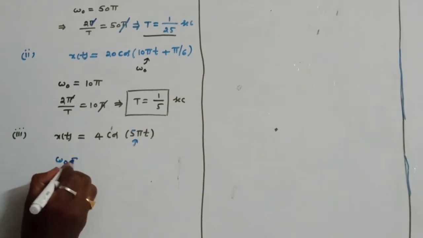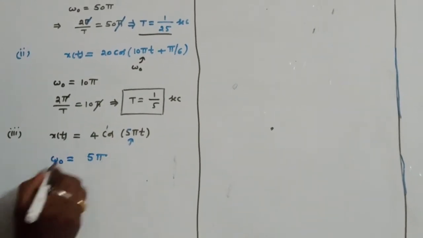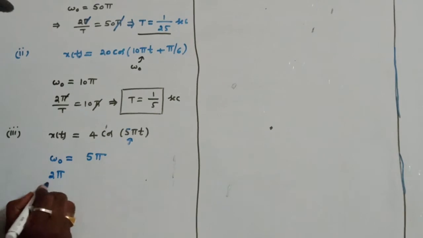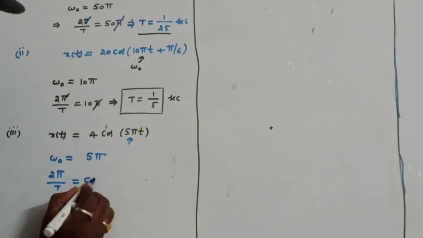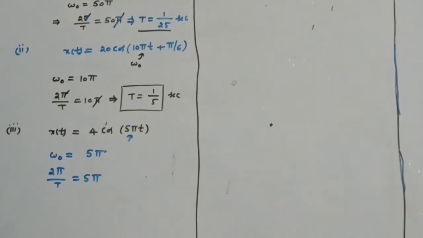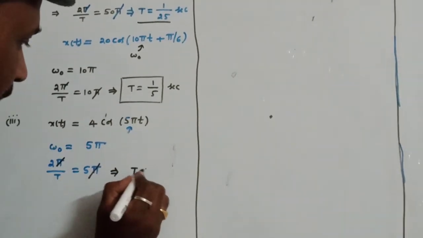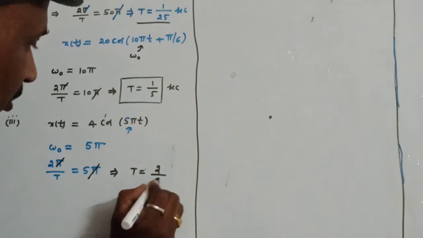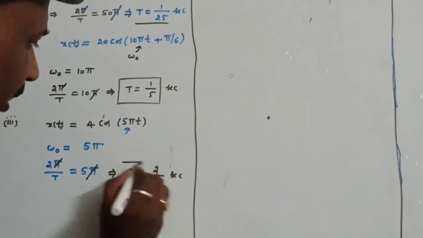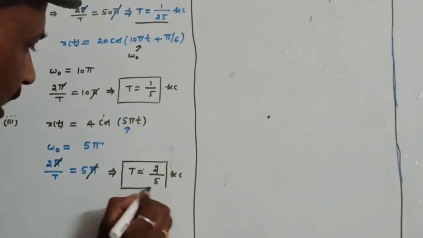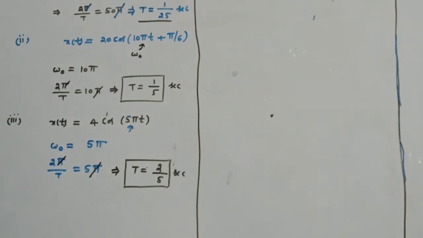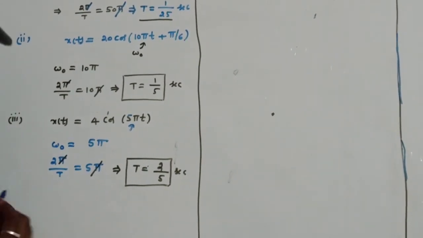Omega 0 here is equal to 5 pi. 2 pi by capital T is equal to 5 pi. So cancel out pi and pi. The fundamental period is 2 by 5 seconds, or 0.4 seconds you can also write. In this way you can solve the problems of finding the fundamental period.